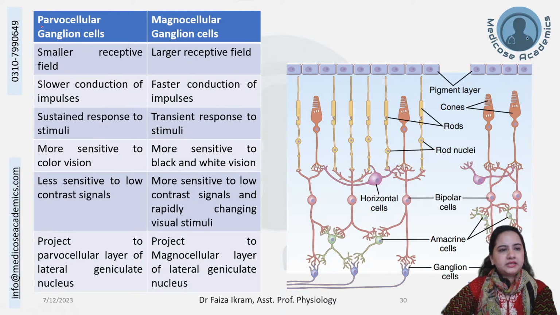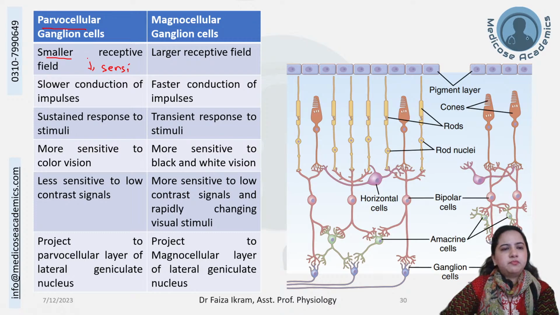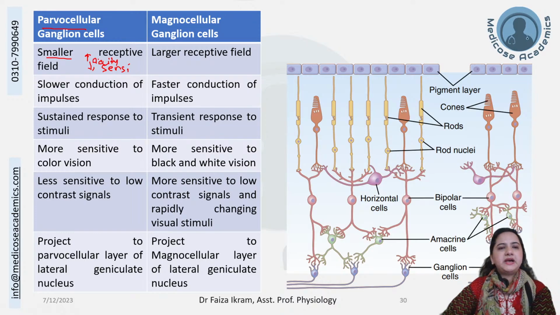The parvocellular ganglion cells will have a smaller receptive field, meaning they will have less sensitivity but more acuity. In comparison, magnocellular ganglion cells will have a larger receptive field. They will have more sensitivity and less acuity.